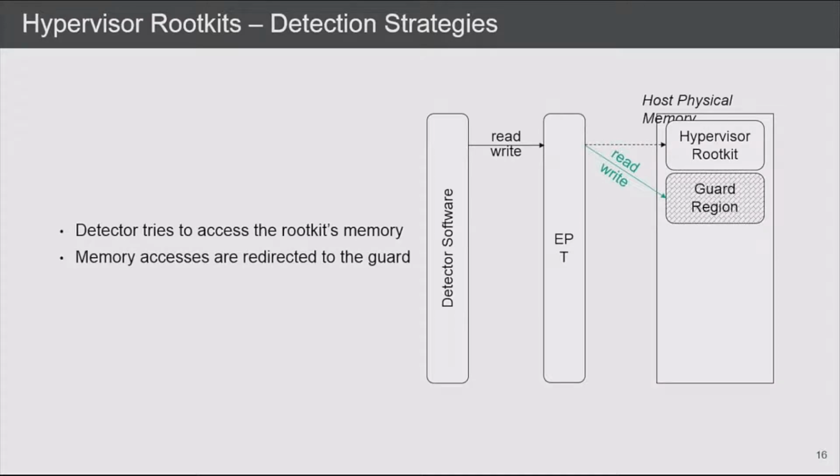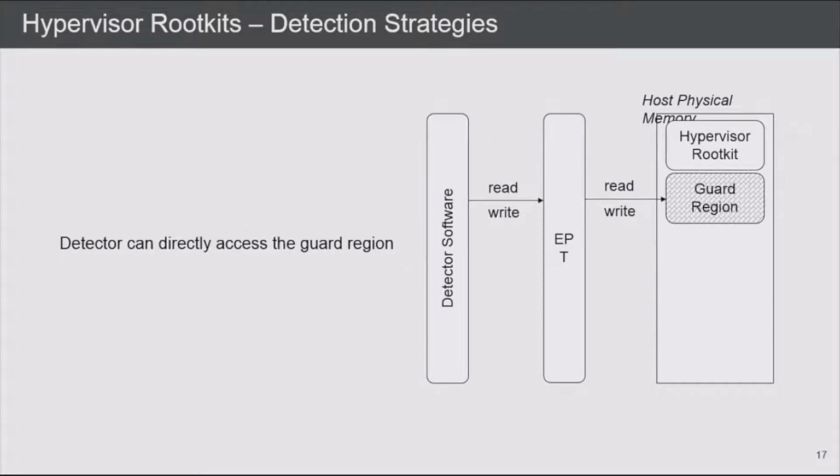But with EPT enabled, hypervisor rootkits typically set up so-called guard regions. And every time the detector tries to access the rootkit's code, it is redirected to the guard region through EPT. So while the detector has no access to the rootkit itself, it can just directly access a guard region.